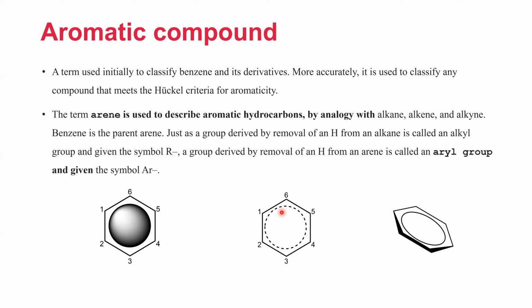In this alternating arrangement of double bonds, the pi electrons are in constant movement. They are not localized pi bonds, they are delocalized, so they keep moving. That's why, rather than drawing the three double bonds every time, we can draw a ring within the cyclic structure to represent the delocalization of the pi electrons.